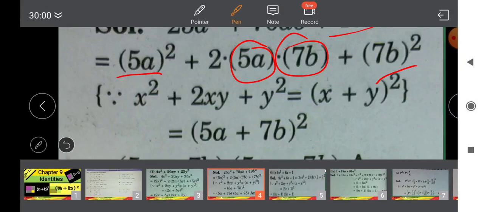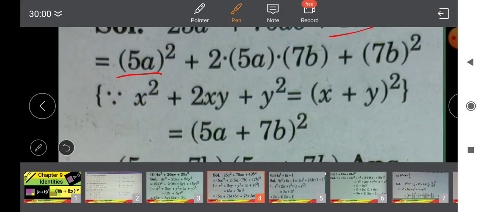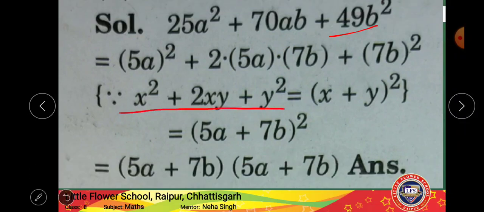Now what is this equal to? This is now in the form of x square plus 2xy plus y square, which is equal to x plus y whole square. X is 5a and y is 7b. So the answer is 5a plus 7b whole square, right? 5a plus 7b, 5a plus 7b.